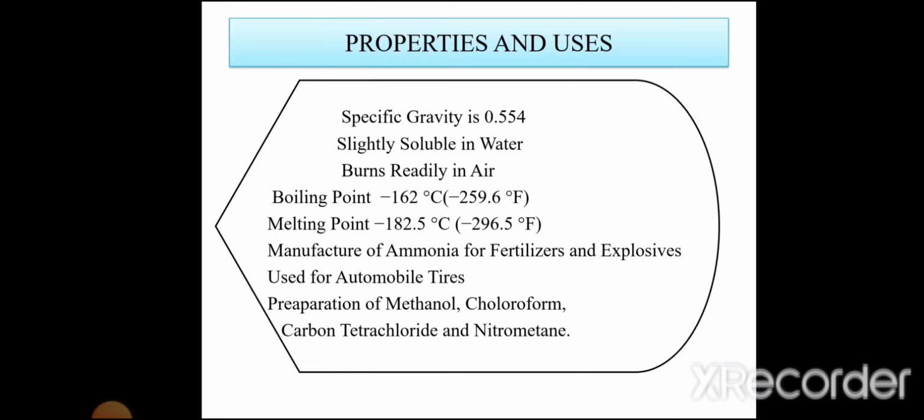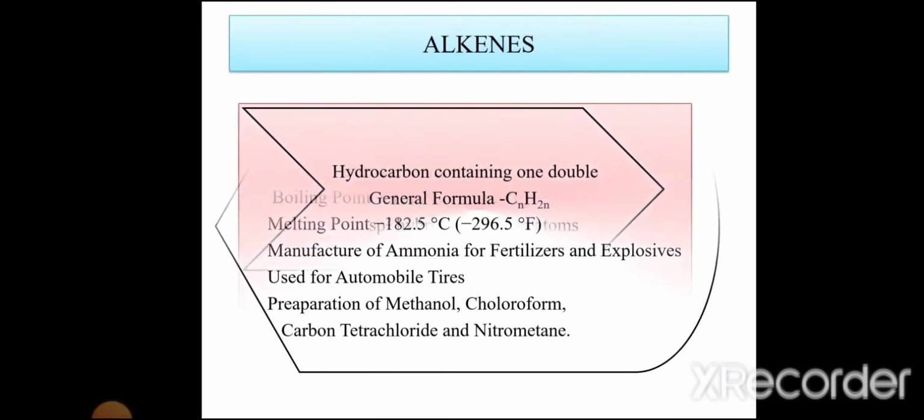Methane reacts with steam at high temperatures to yield carbon monoxide and hydrogen. The latter is used in the manufacture of ammonia for fertilizers and explosives. Other valuable chemicals derived from methane include methanol, chloroform, carbon tetrachloride, and nitromethane.